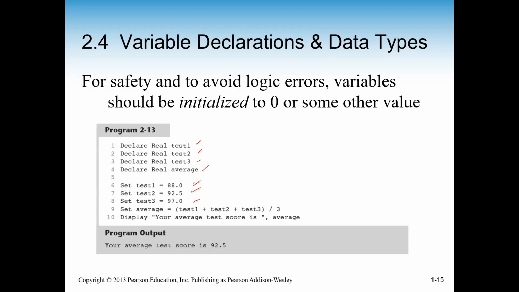Remember, these operations are being done as processes in the program. We're not really taking inputs and outputs. And then finally, we perform an operation here. We set average, which, as you know from your math classes, is just test 1 plus test 2 plus test 3 in parentheses divided by 3.